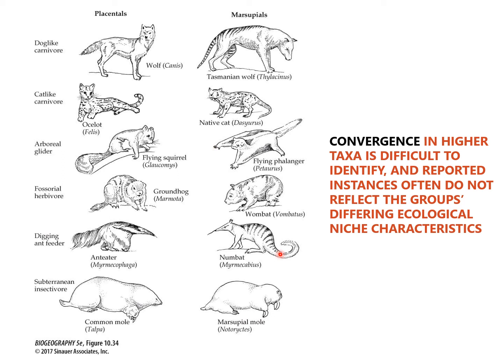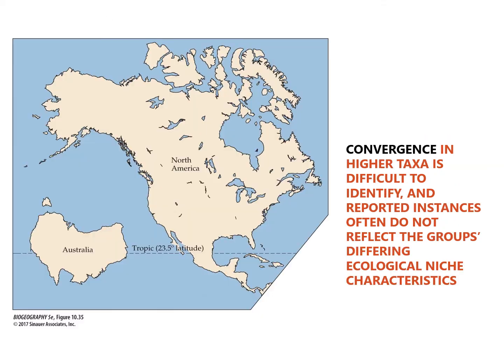But there's something even more worth noting: if we compare Australia as a whole to North America as a whole, it's pretty different. We wouldn't really expect that the organisms found in one would represent convergent evolution with the other. The evolutionary pressures are probably not going to be that similar on broad scales in North America as they are in Australia.